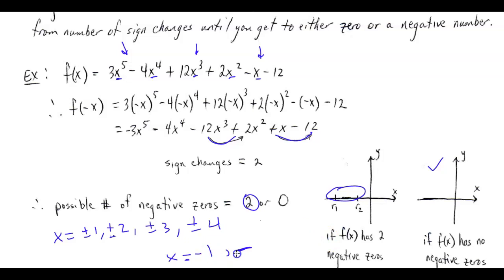So the only 3 choices that you have here is for your zeros to either be rational numbers, like what we have listed here. They could be irrational numbers, like let's say 2 plus square root of 7, something like that. Or it could be complex, which let's say is like 2 minus 3i.